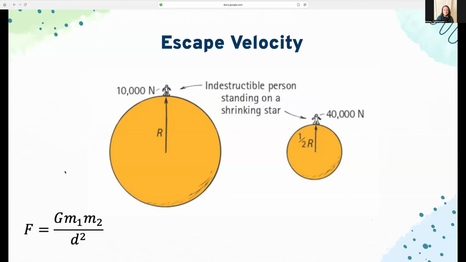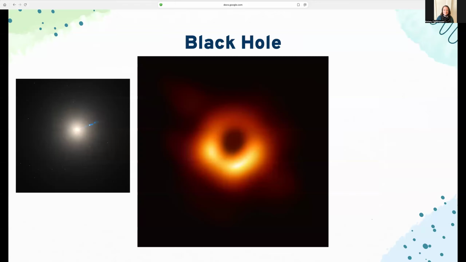If our star continued to shrink, eventually the velocity needed to leave would be larger than the speed of light, and the speed of light is the universe's speed limit. Nothing can travel faster than that. So when the escape velocity is faster than the speed of light, we end up with a black hole. And here is an actual image of a black hole.